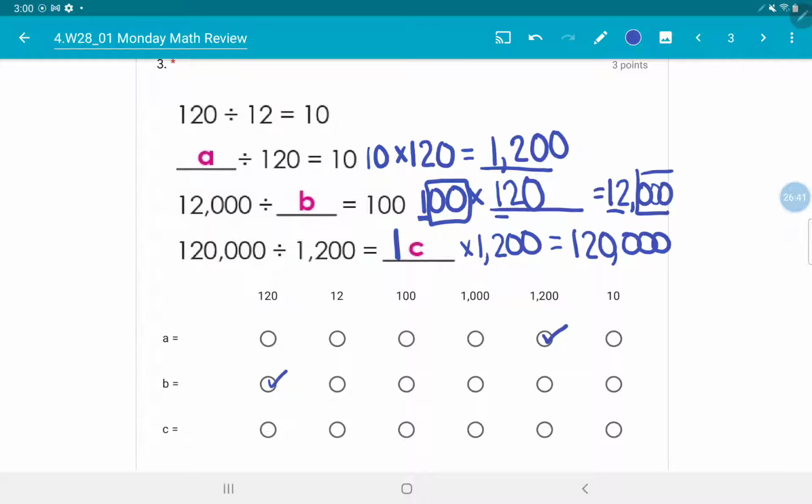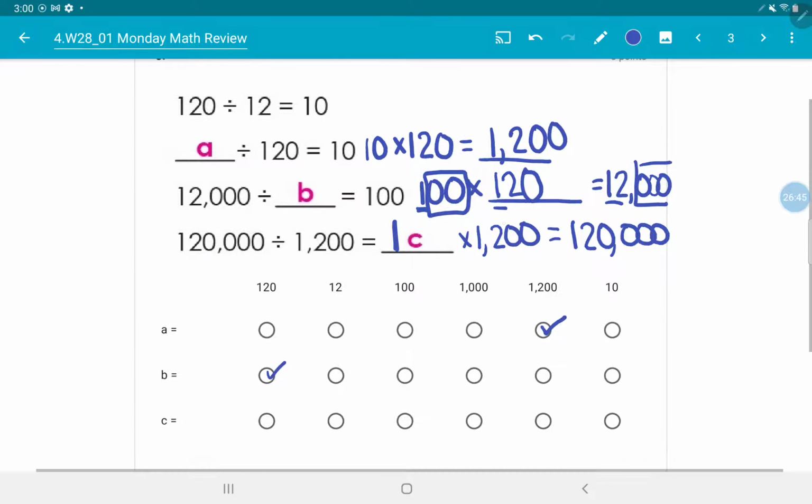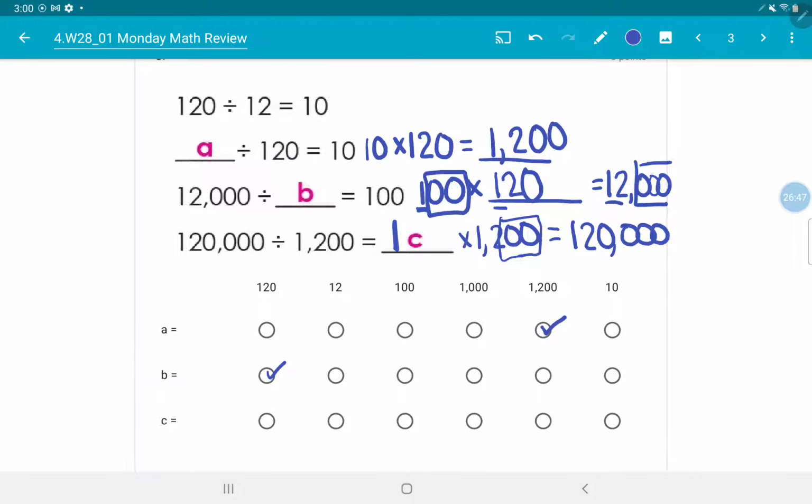I have 2 zeros. How many zeros do I need? My product has how many? 3. 120,000 has how many zeros?